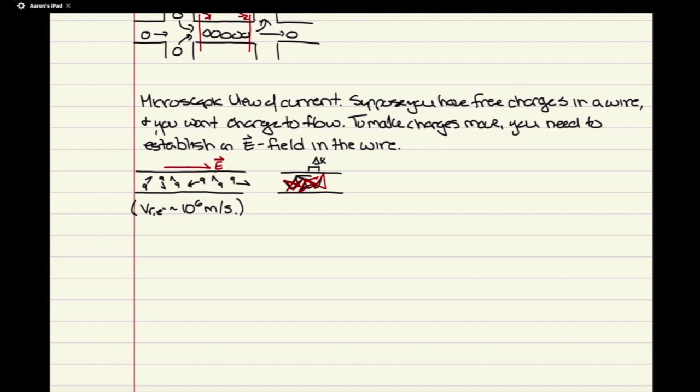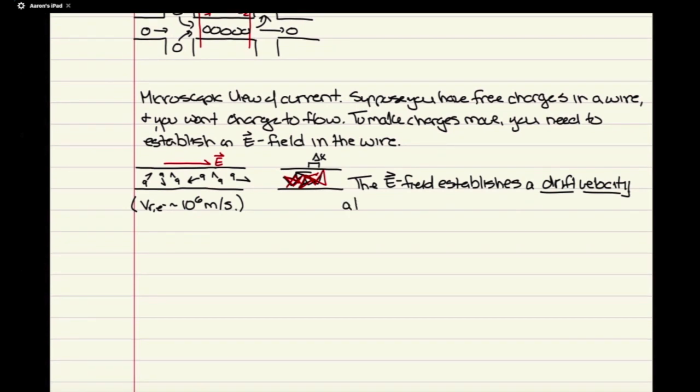So the E field establishes a drift velocity atop the random motion.